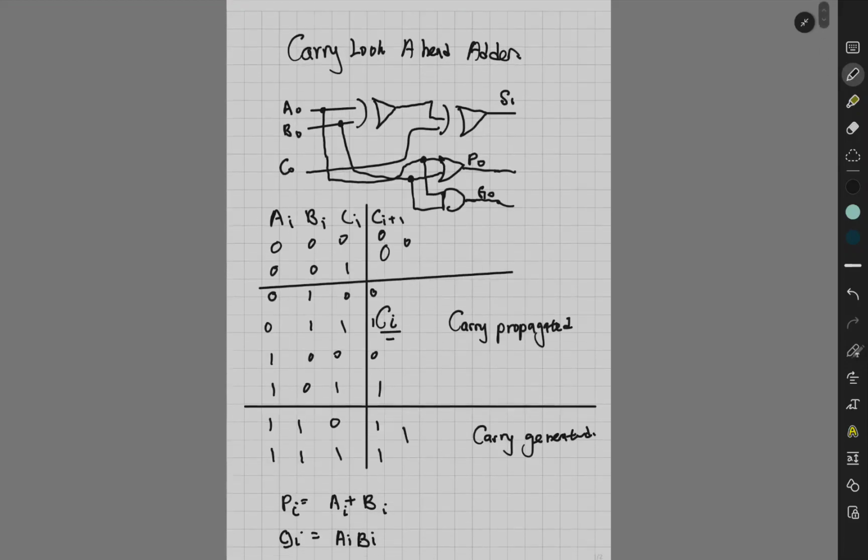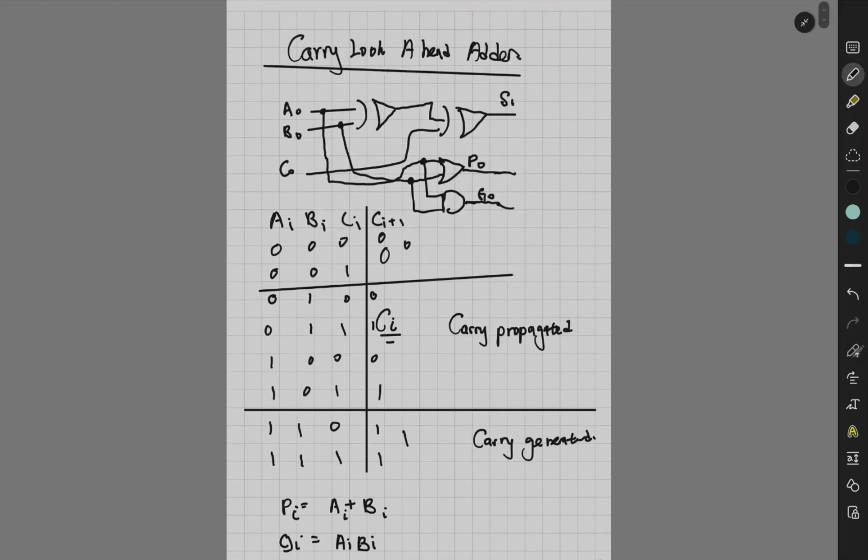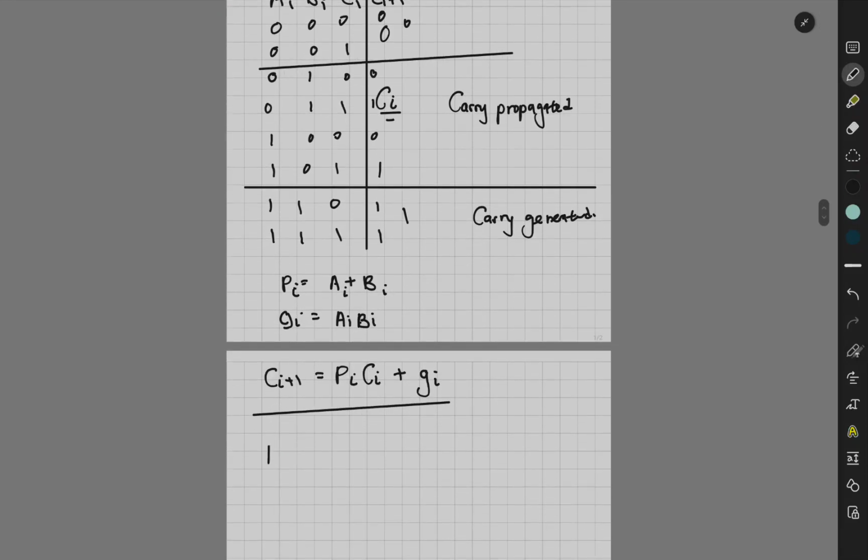This is the special feature of the carry look ahead adder, because all the carry bits are actually generated at the same time, compared to the ripple carry adder.